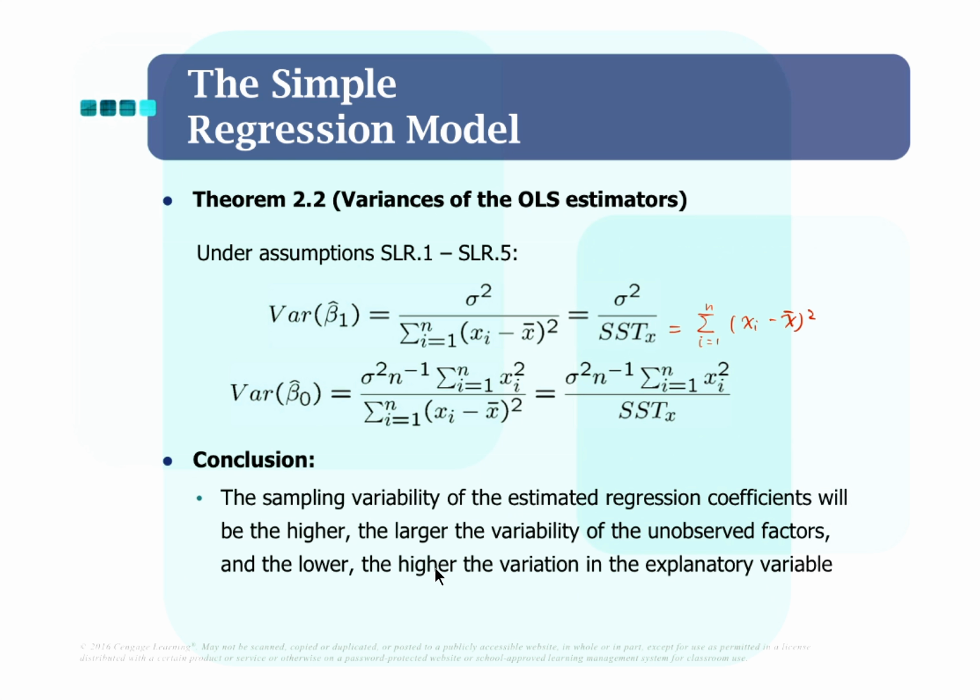And it will be lower the higher the variation in the explanatory variables. So if the total variation of the explanatory variables SSTX is larger, then the variance of beta 1 hat and the variance of beta 0 hat will be smaller. That's a general pattern here that you need to know.